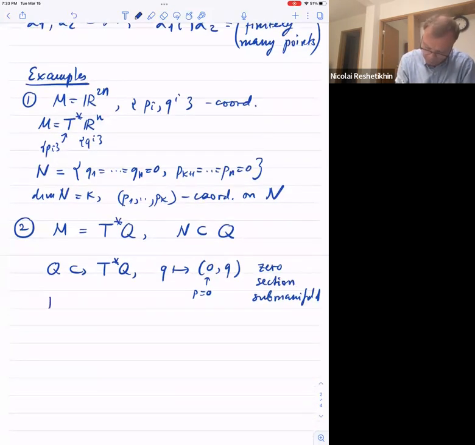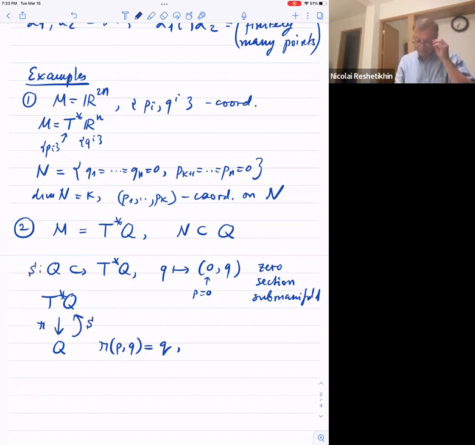Why is it zero section? Because you have a natural projection from the cotangent bundle to Q itself. You just forget about p. So pi of (p, q) is just q. And you have a section s, that's this mapping. It is a section in the sense that the composition of pi and s is the identity map on Q.